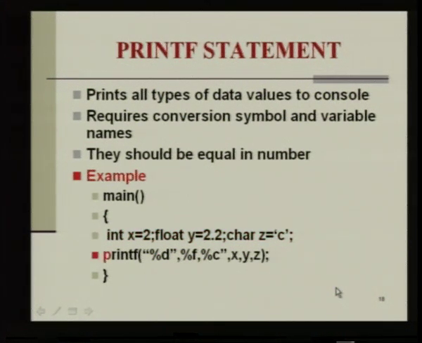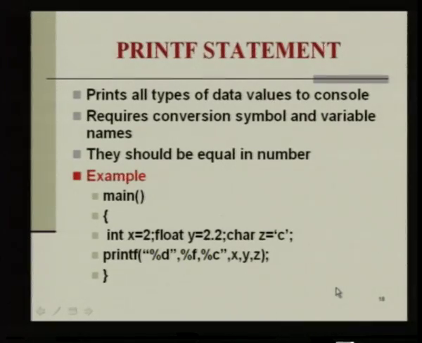Now how are these values printed? If you see the printf statement, %d is the conversion symbol or the format specifier for the first variable x, %f for the second variable y, and %c for the third variable z. If you remember, these 3 are the format specifiers that we studied in the data types. So the number of conversion symbols, we have %d, %f and %c, 3, and the number of variables to be printed, x, y, z, that is also 3.